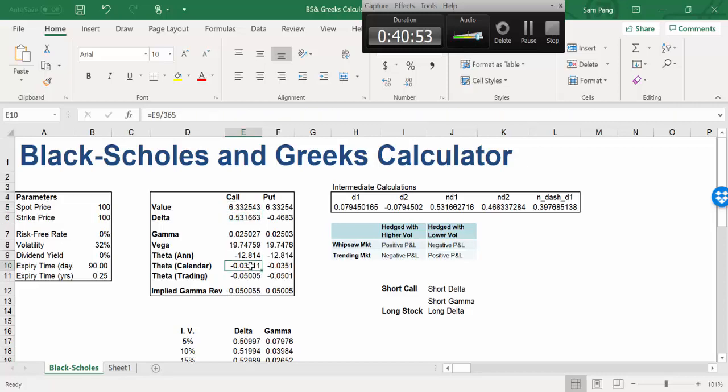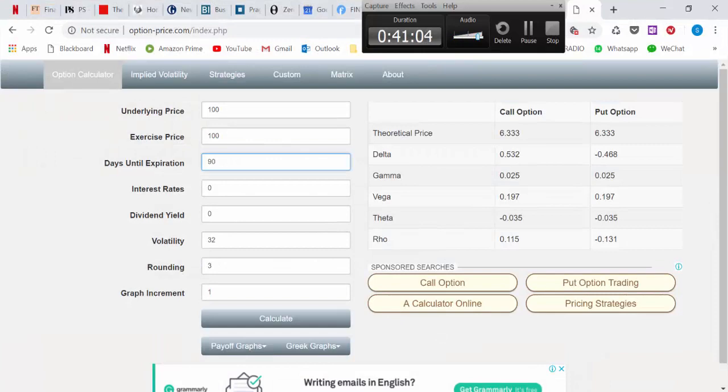Can you see that there's a calendar theta here? First of all, this calendar theta value is the theta value that is being shown here.